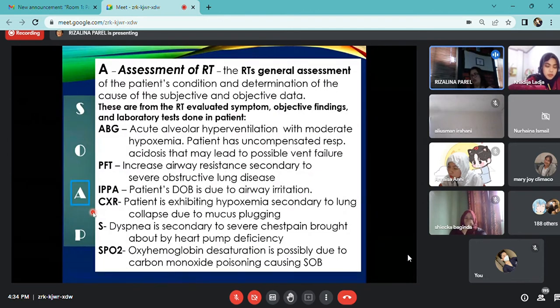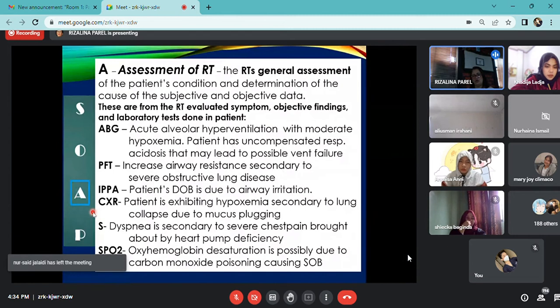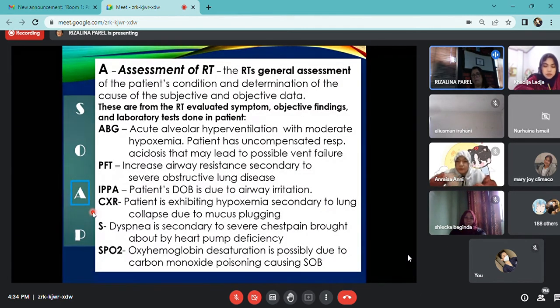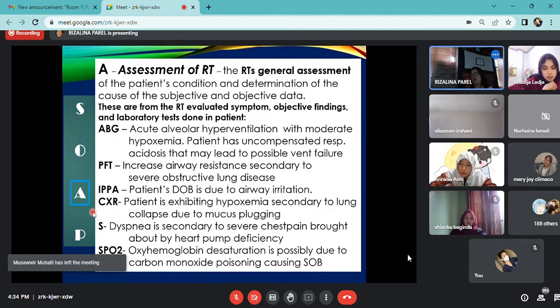So you may use your laboratory test ABG, PFT, yung inyong ginawang IPA, kung ano yung result nun, chest x-ray, pwede rin from your subjective complaint, magbigay ka ng assessment mo doon through the use of SpO2, hemoximetry, lahat ng laboratory test or special test laboratory na ginagawa ng RT.